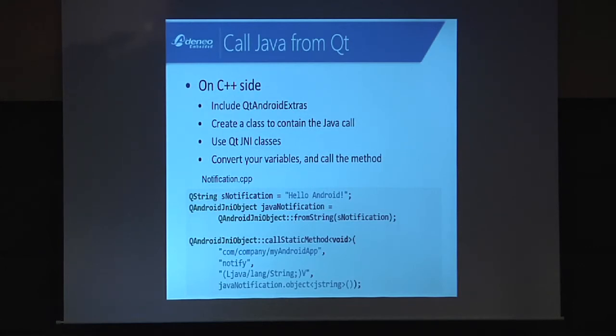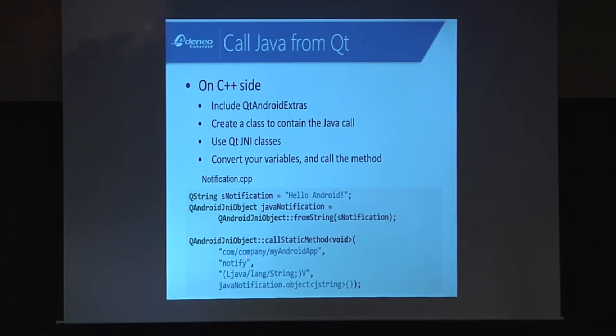So you create a hello Android string that you want to display. From that, you will create an Android JNI object, which is kind of a variable to cross the bridge between C++ and Android. So you convert your string into some object that will cross that bridge.